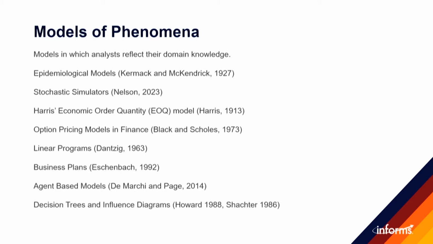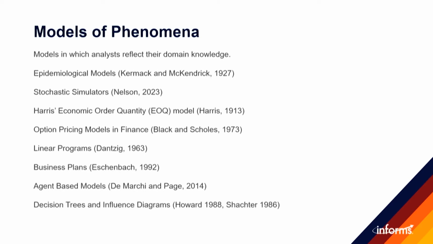And there you see stochastic simulators, for instance. There is a beautiful review by Nelson, on discrete event simulators in operations research. The beautiful Harris economic order quantity model from 1913 is also a model of phenomena. If you remember what Harris does, he says, I have in front of me a production line with continuous demand, with continuous production, then I assume that I have to stock material.